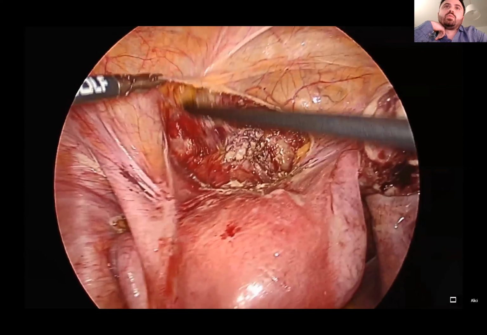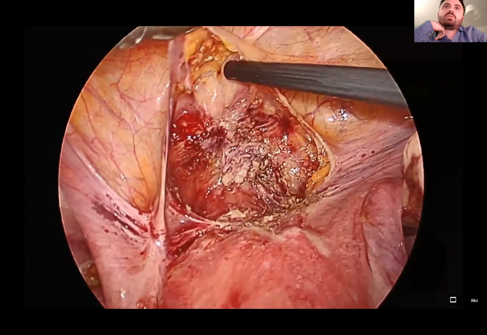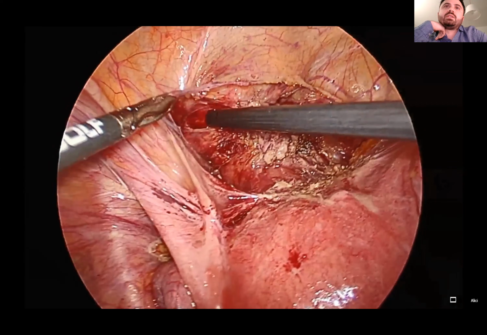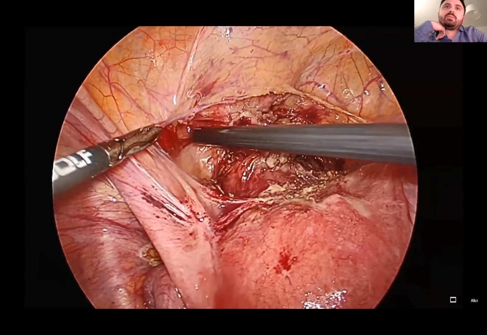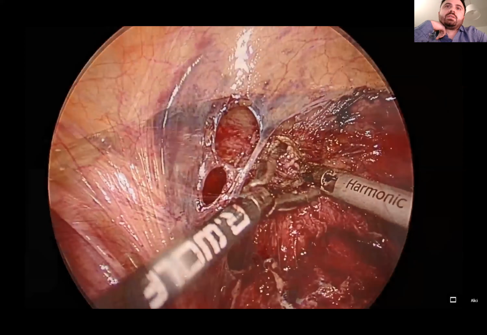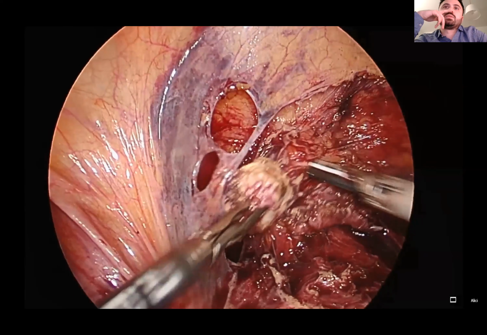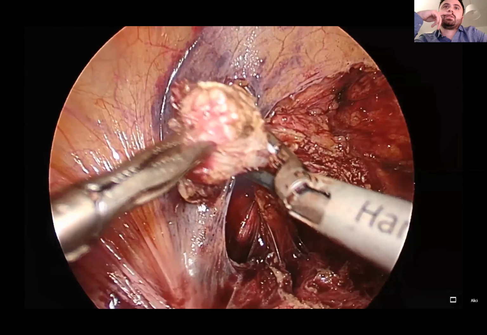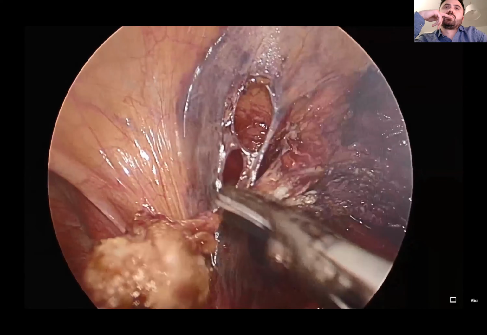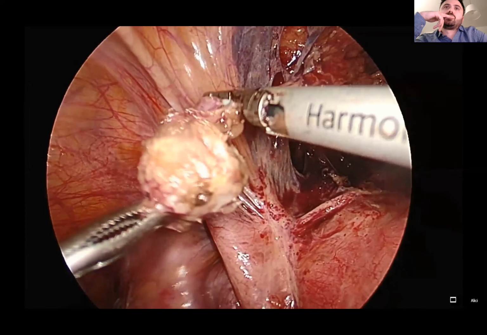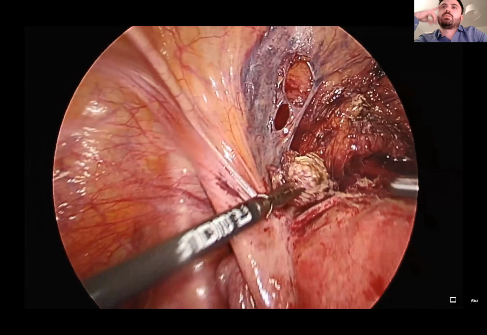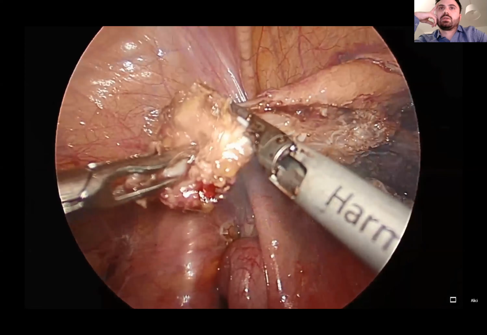Then I tried to mobilize the peritoneum on the bladder so that I don't have any tension when I suture the bladder after opening it. This was the second nodule. I think somewhere was another rest.